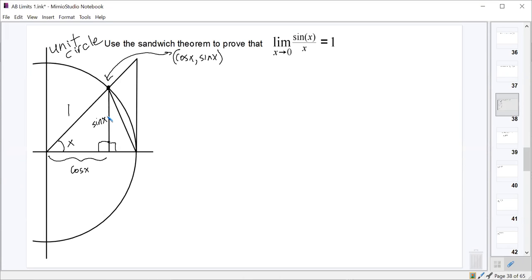So the first thing I want us to do is take a look at, oh, that didn't work. That looks horrible. Let's try and draw this better. Take a look at this triangle right here. Somebody help me out and tell me, what is the area of that triangle?